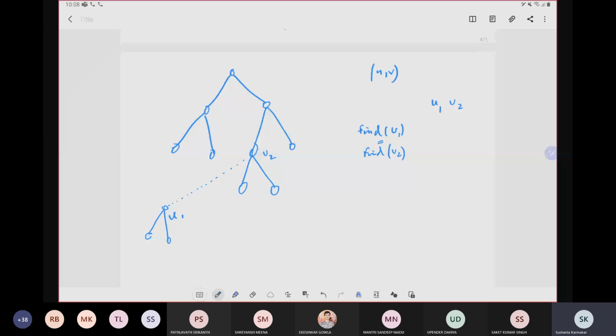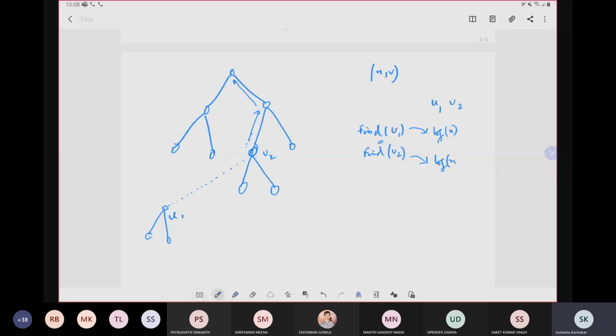And find U2 will check the name of the component containing U2, which is also around here. It will check here and then go here, and then it will return. So in the worst case, this will require log n.